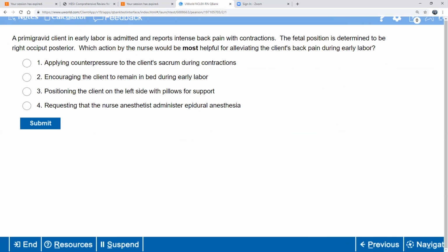A gravid client in early labor is admitted and reports intense back pain with contraction. The fetal position is determined to be right occiput posterior. Which action by the nurse will be most helpful for alleviating the client's back pain during early labor?